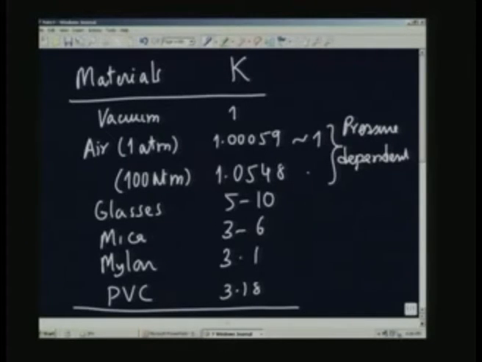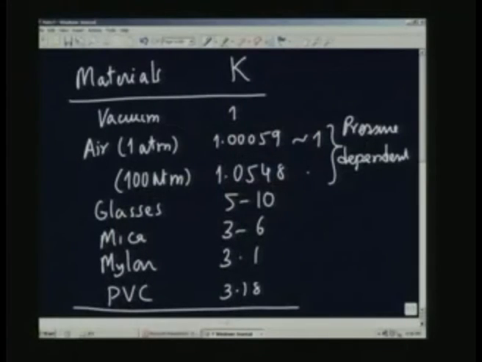You can also see that air or vacuum more or less equal to each other, almost close to 1, and therefore, that is the lowest capacitance you are going to get with air as the medium between the two electrodes. Between the two plates, if you have air as the medium, it is almost like the minimum value which you will get for that particular size A and the gap D, you will get the smallest.